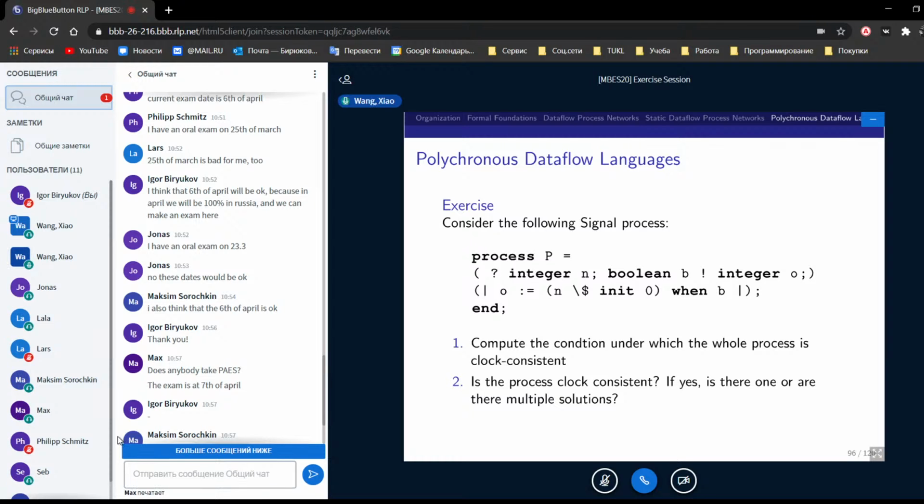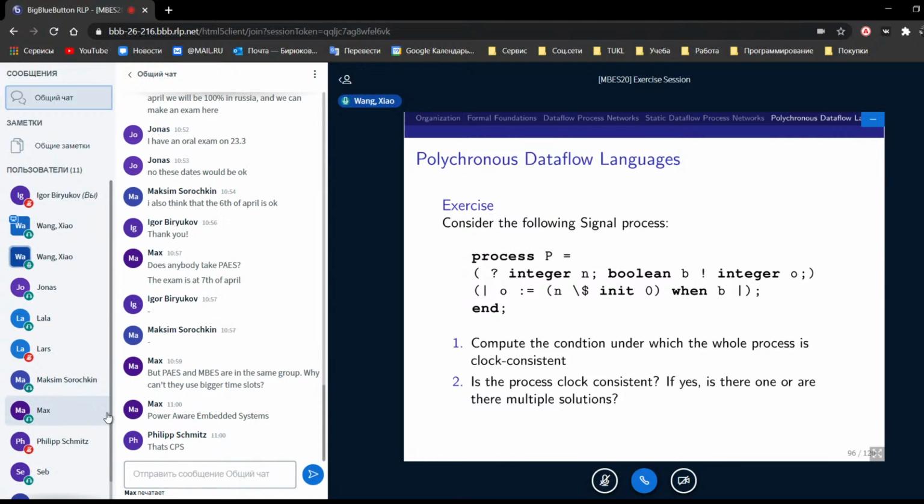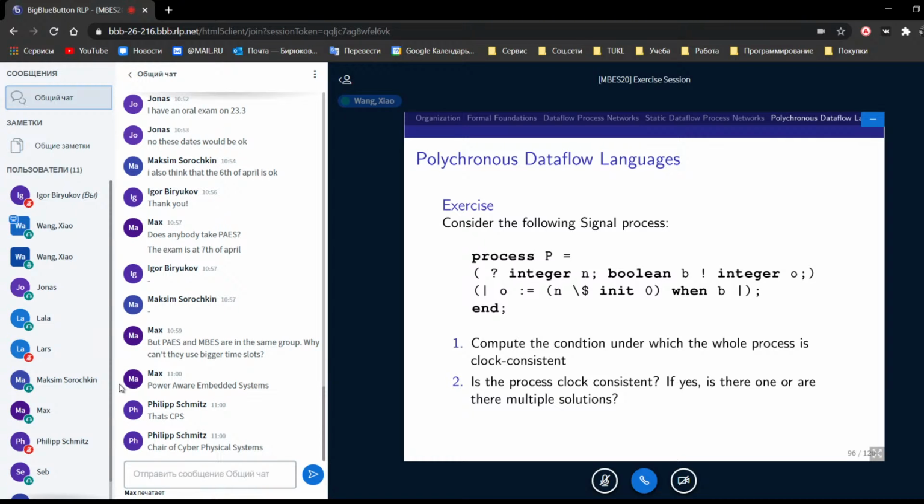Power aware embedded systems. I don't think they are in the same group. I don't remember, but it's not from Professor Bounce. They are not in the same group. So why are you saying that?